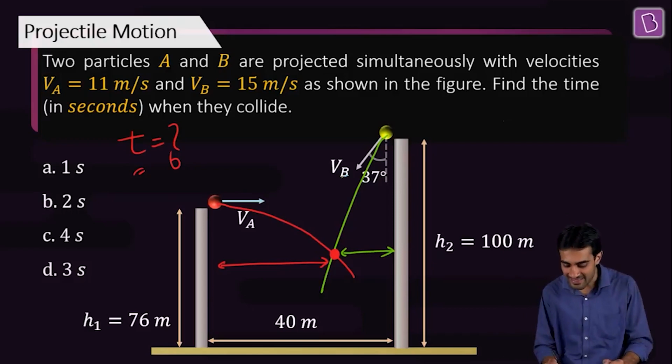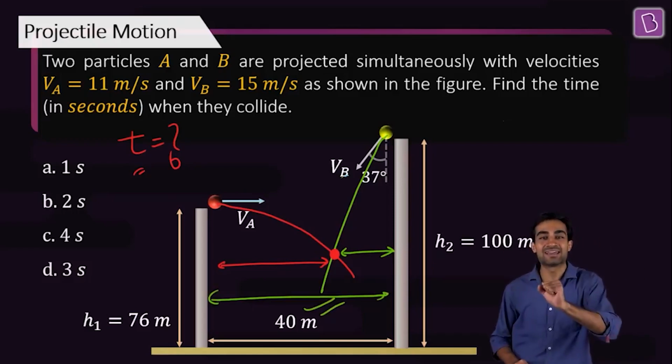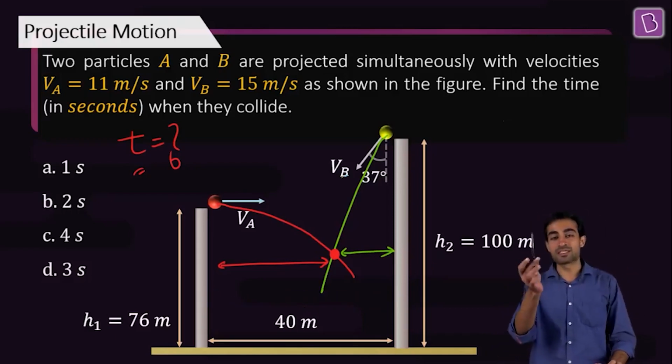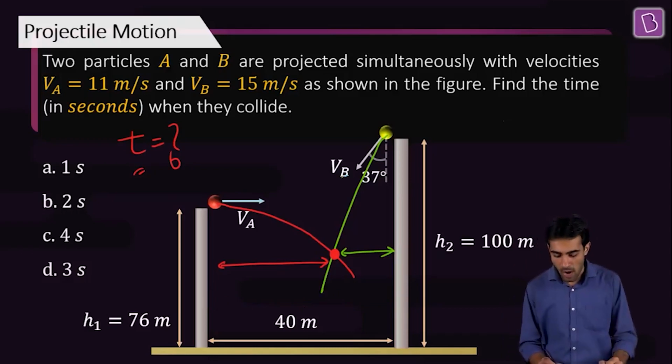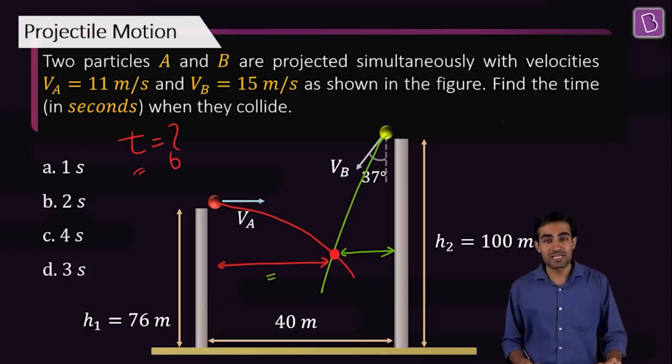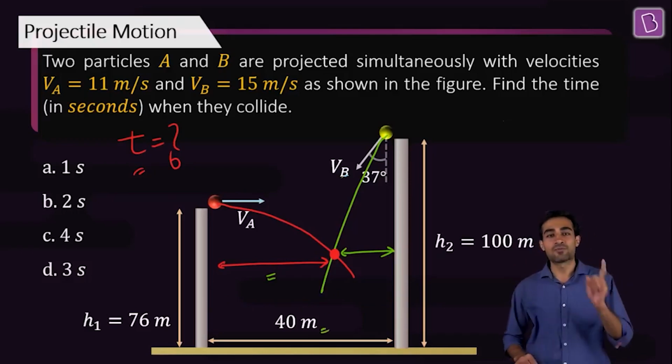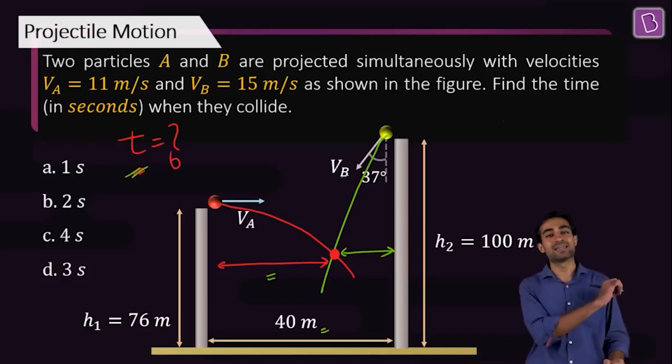We get something as 40 meter. Can you see it? Yes. So this is the concept we will use to solve this question. We will learn how to find the horizontal component of the displacement, and then we will add the displacements to get 40, and from that we will calculate time t.